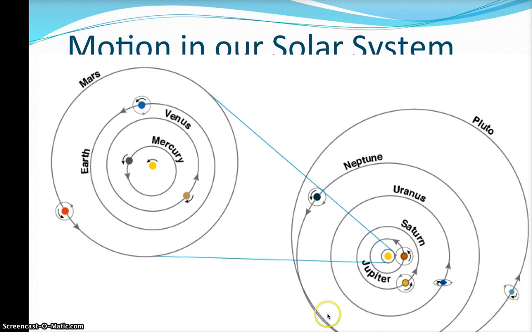So there are some exceptions to that motion. But overwhelmingly, a counterclockwise direction for revolution of the planets, rotation of the planets, and also the revolution of the planet's satellites around them. So we want to keep that in mind.